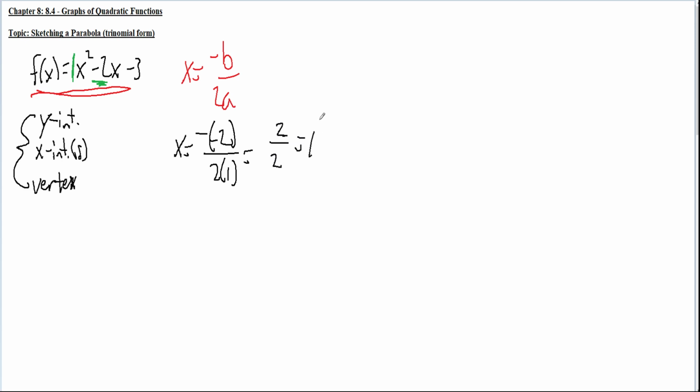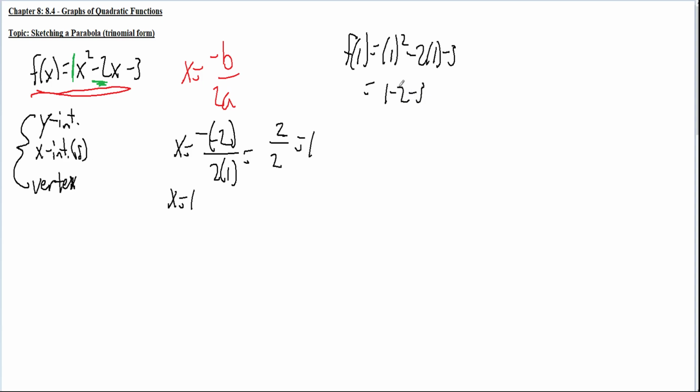So the x value of our vertex is 2 divided by 2, which is equal to 1. Then we take x equals 1 and substitute it into our function, which gives us the y value of our vertex. So f of 1 is equal to 1 squared minus 2 times 1 minus 3, which is 1 minus 2 minus 3.